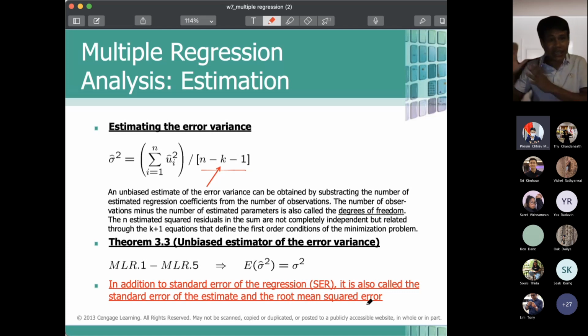You will see it with the data. Data produce this root mean square error. I will connect it to the data result when we come to the application.